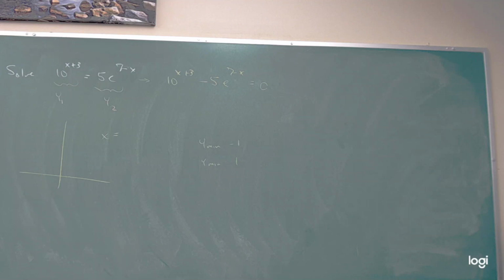Go back to window. Let's try going -2 to 2. Try to declutter things a little bit. Let's go just -1 to 500. Oops, sorry, 500. And then let's drop down and make the y scale 100.